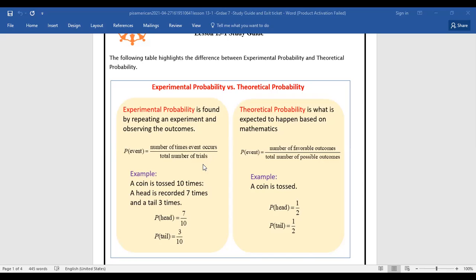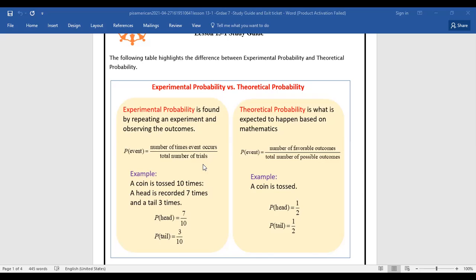What about the theoretical probability? Theoretical probability is what is expected to happen based on mathematics. So the probability of an event is the number of favorable outcomes over the total number of possible outcomes. If you have a coin, what is the total number of possible outcomes? 2, because it could be head or tail, right?